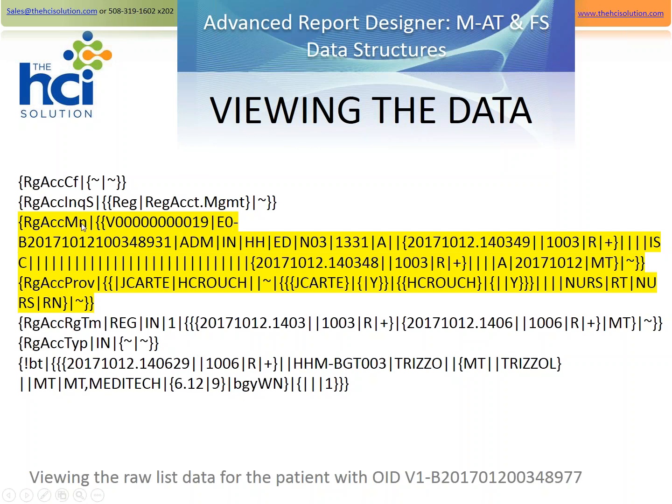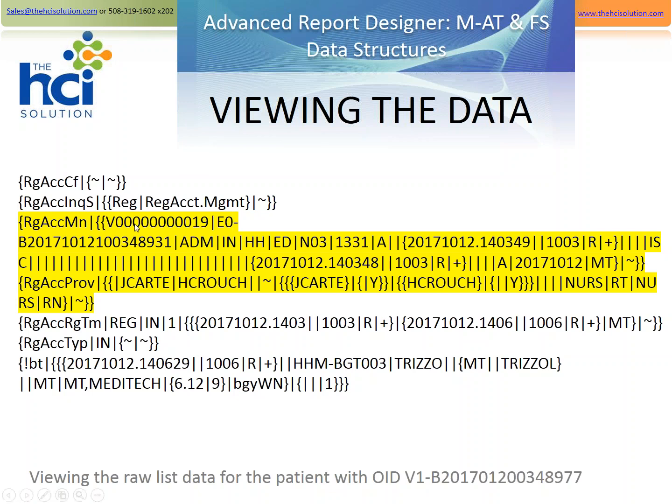I'll show you in a minute, but the start of each record has a tag associated with it, and the main record has the tag RGACCMN. So if I see this tag, I know that's the main record. And there's only one main record, where other records can have more than one, like the provider record.